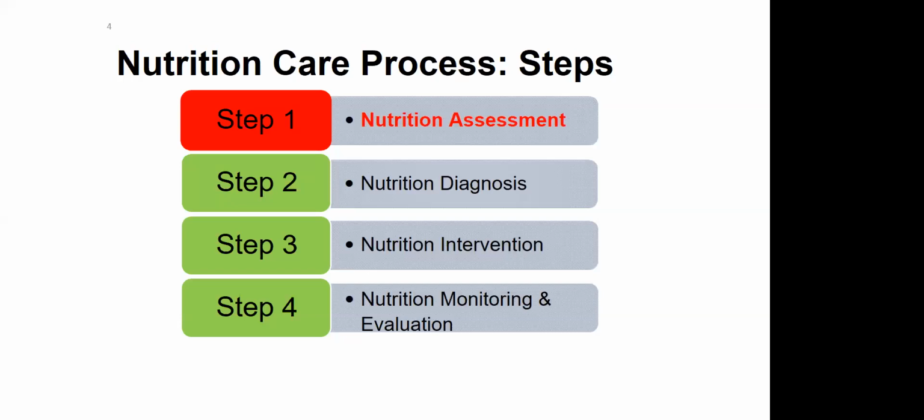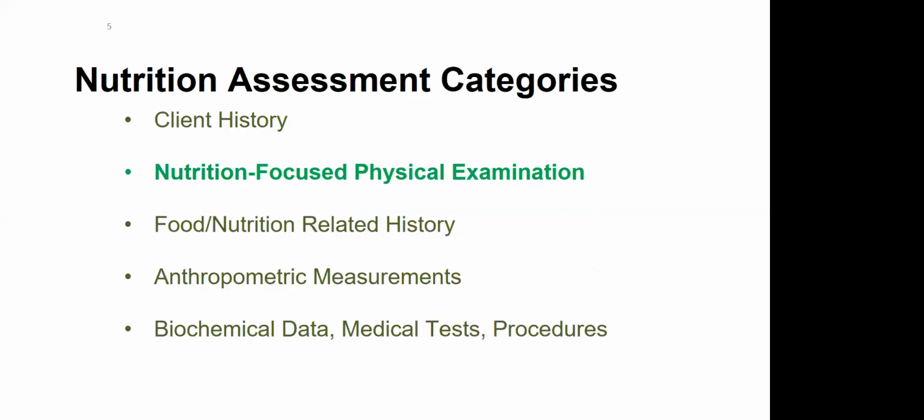Looking at it critically, we have these 5 categories of nutrition assessment, which are classified as client history, nutrition focused physical examination, food and nutrition related history, anthropometric and biochemical data, together with the medical procedures and tests.